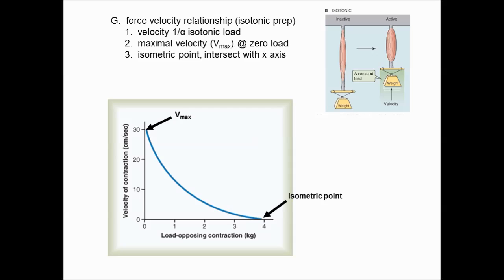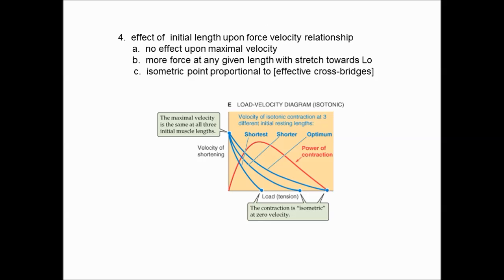For example, don't look at the red line for a minute, just look at the blue lines. This is the effect of initial length on that force-velocity relationship. If we have a muscle, we were talking about this a minute ago, at L0, at its most effective length, and you put zero load on it, it'll have a Vmax right here, but its isometric point will occur at a pretty heavy weight because every possible cross bridge is functioning.